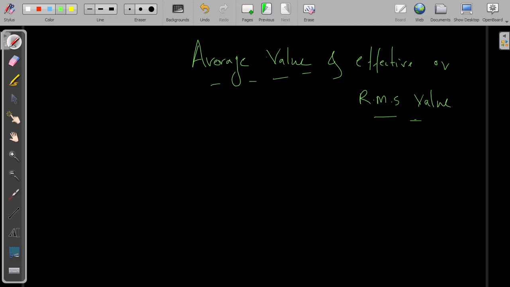I'm defining the average value of voltage waveform, or average value of current waveform. Similarly, you can define. First of all, I am defining the average value of voltage. It is the algebraic sum of all the values divided by the total number of values.